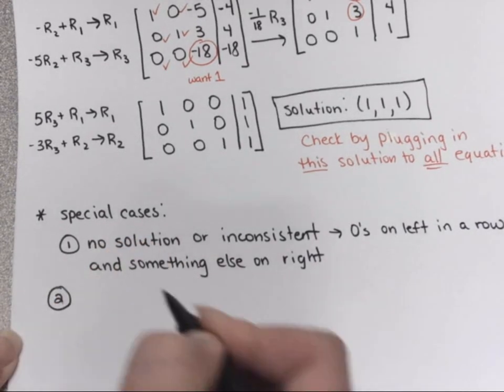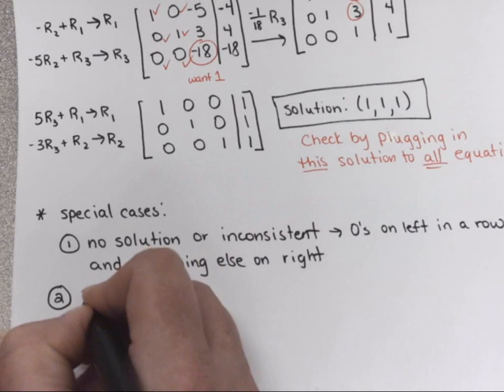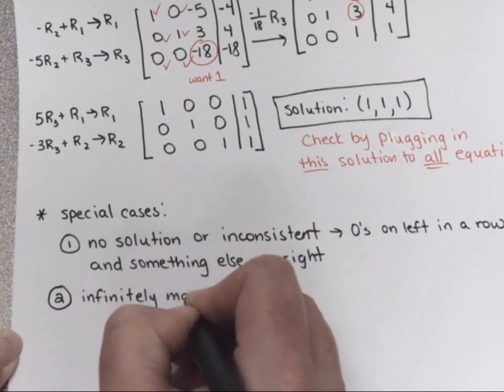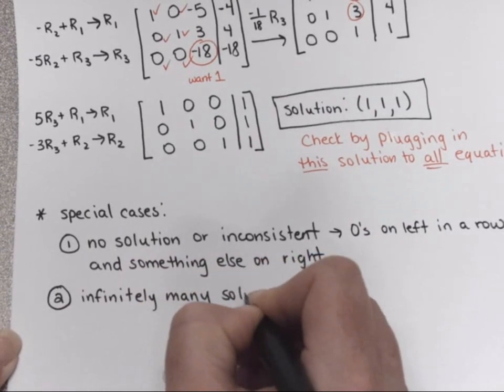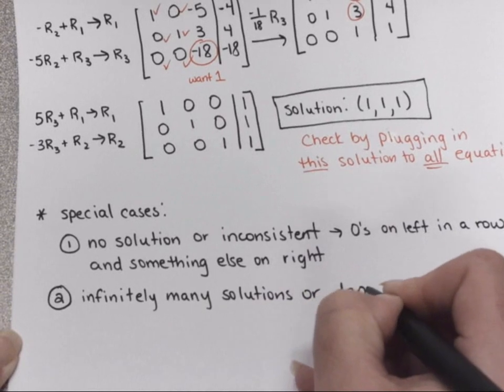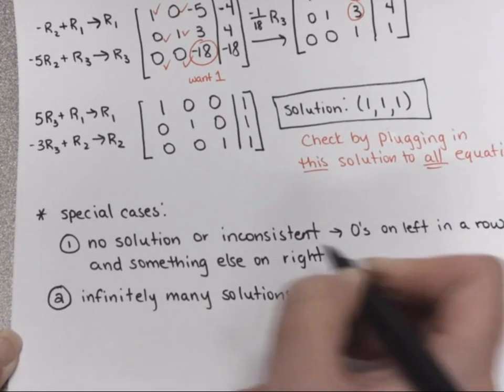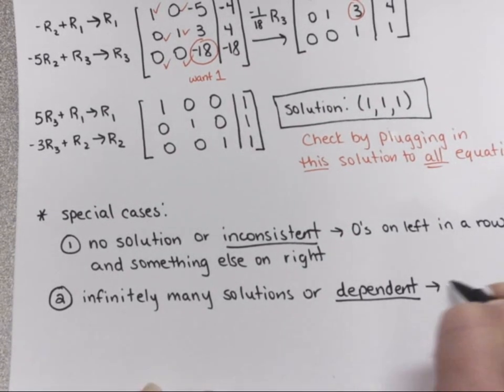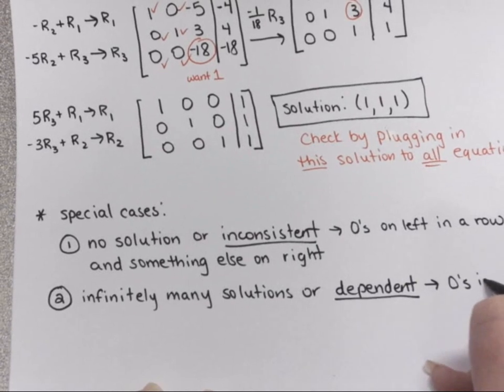And then the second special case was infinitely many solutions. The other word that a lot of texts tend to use, so we didn't talk about these words on Friday, but another way to say infinitely many solutions is dependent, meaning that it's dependent on the situation, but there are actually a lot of answers. And remember, this is when you get zeros in a whole row.